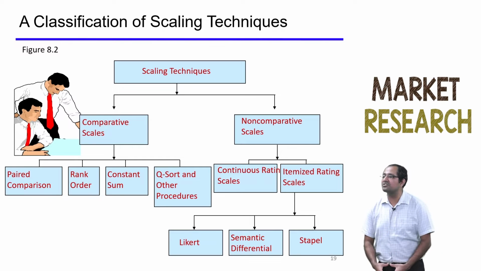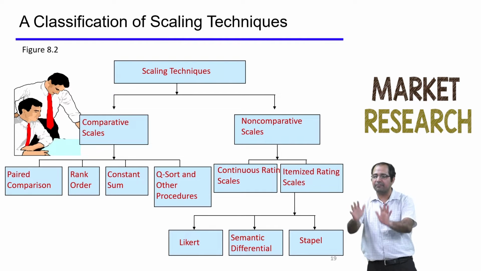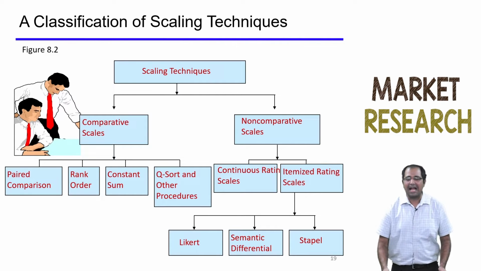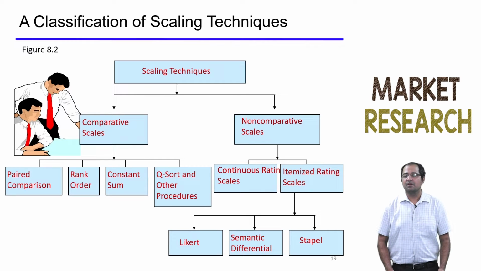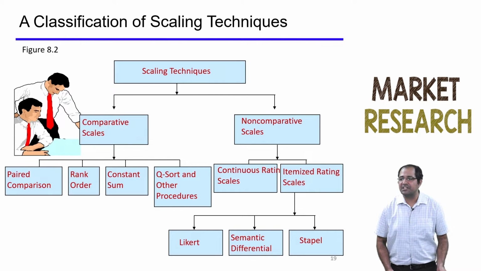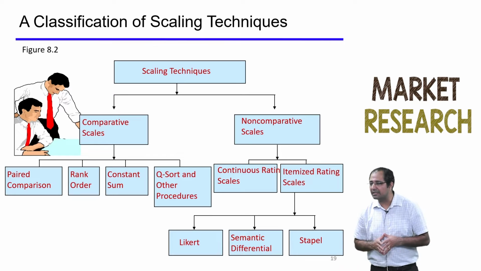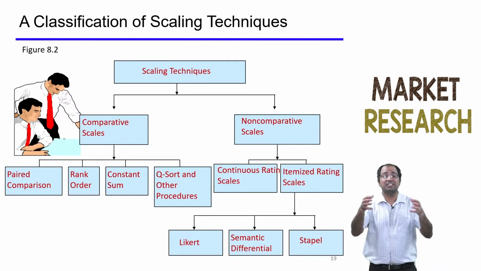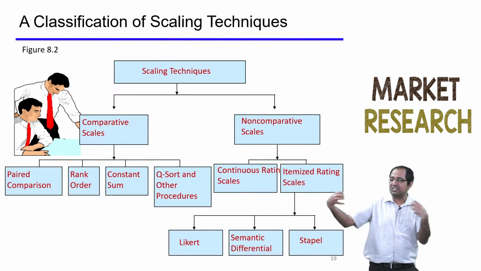So now we are going to start with the scaling techniques. There is another classification of scales: one is comparative, the other is non-comparative. Scaling, as I said, is a process by which we arrive at locating the objects on the continuum.